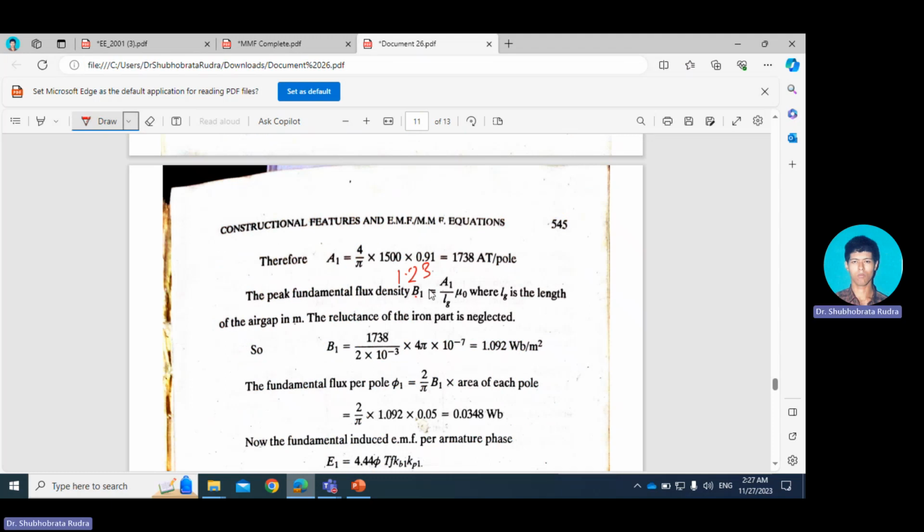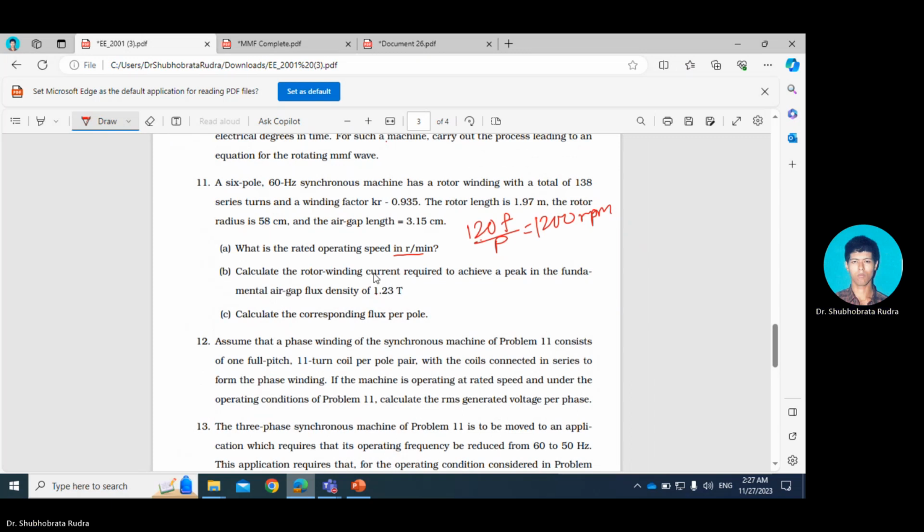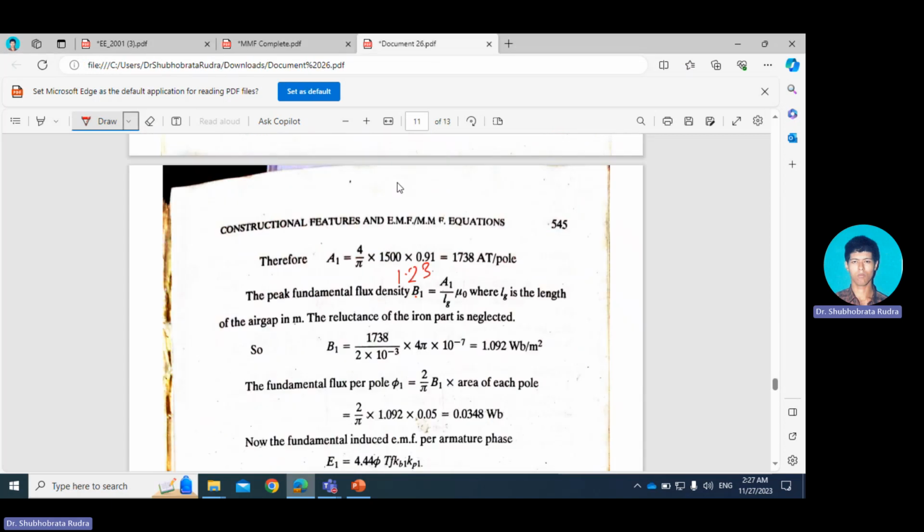The peak fundamental flux density is 1.23. Now the rotor radius and rotor length are given, and the air gap length is 3.15 mm. So once you have 3.15 mm, here you should put that 3.15.